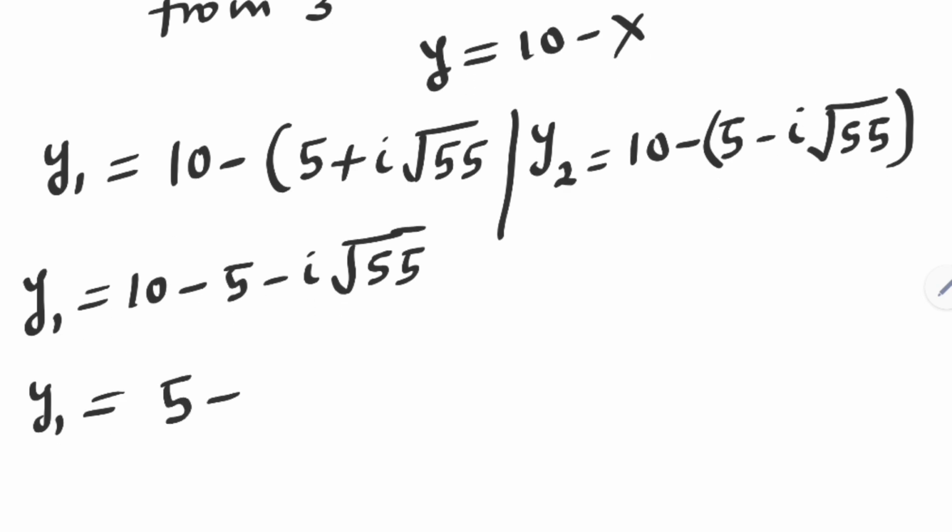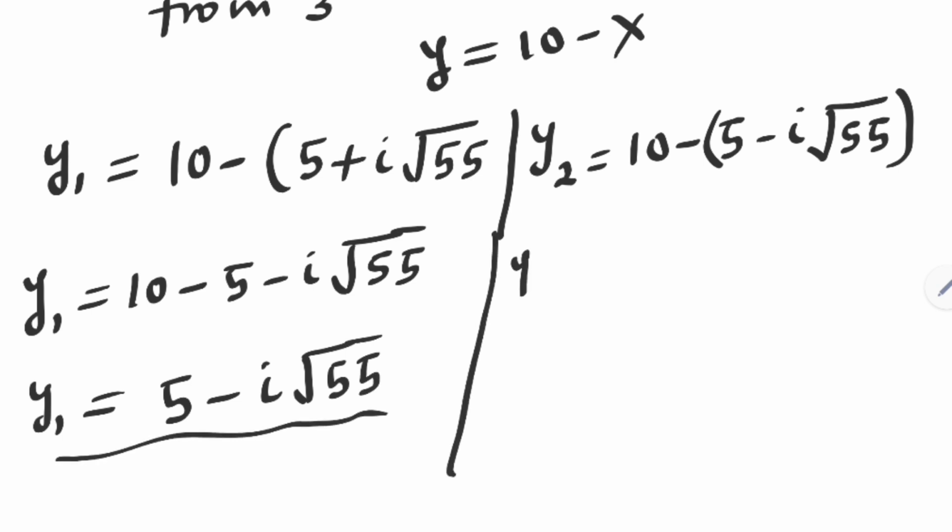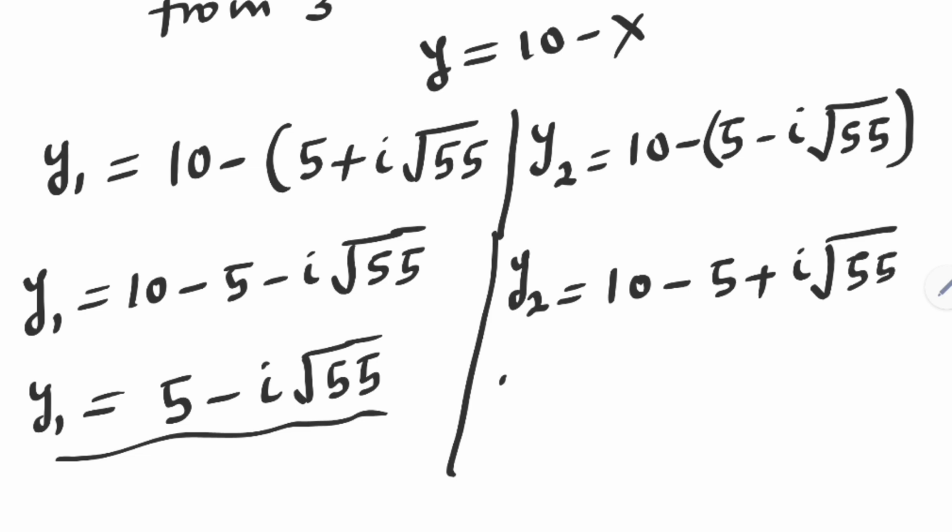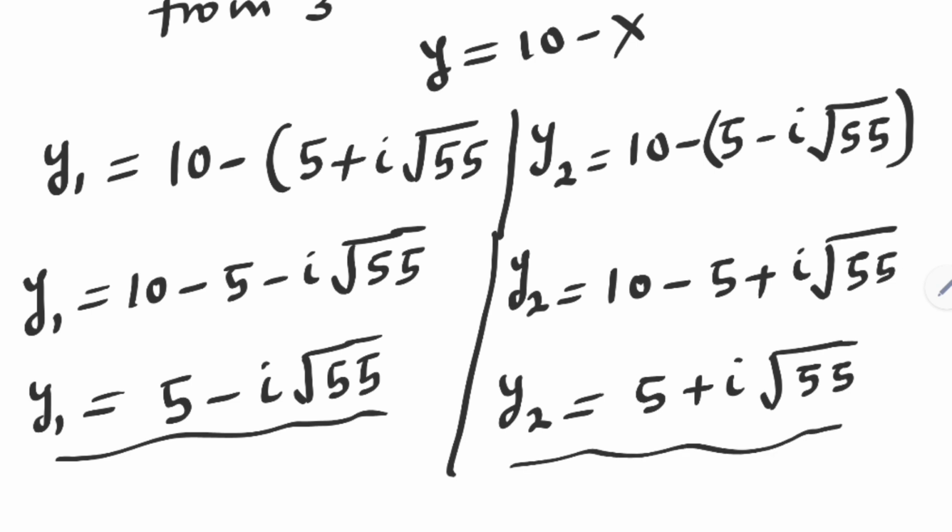This is 5 minus i square root of 55. This is the value of y1. y2 is equal to 10 minus 5 plus i square root of 55. y2 is equal to 5 plus i square root of 55. This is the value of y2.